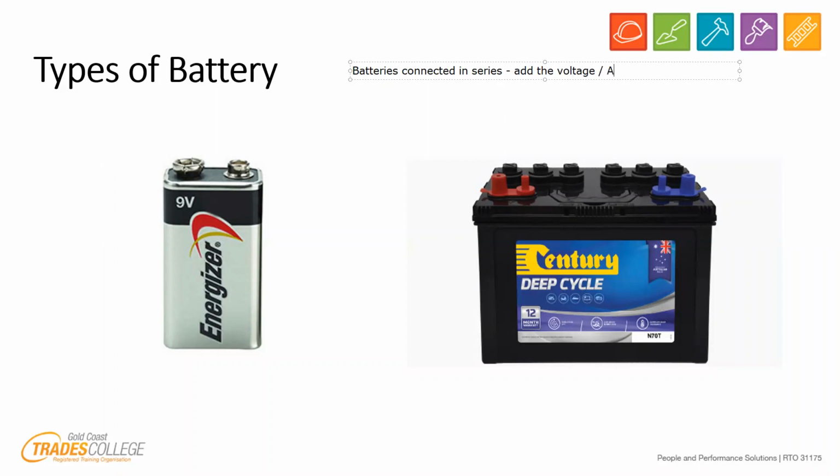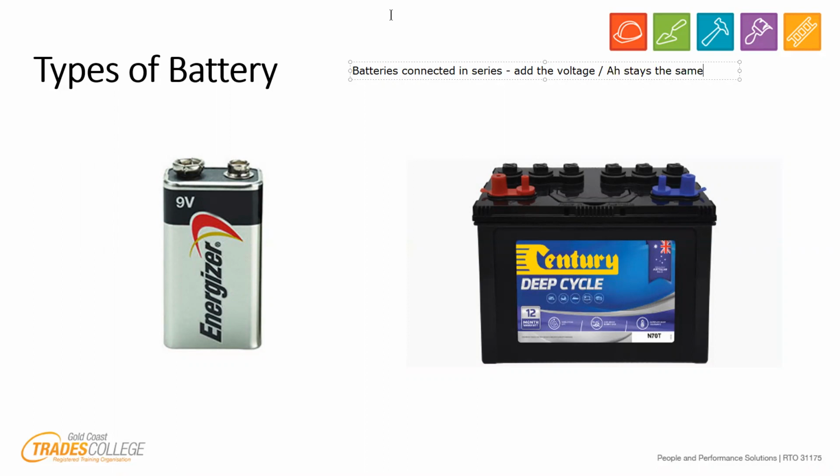But the amp hours, which is how long a battery lasts. For example, if I look at a Milwaukee drill, it'll be 18 volts, 5 amp hours. The volts is the power it can give. The amp hours is how long it can last. So amp hour stays the same in series.